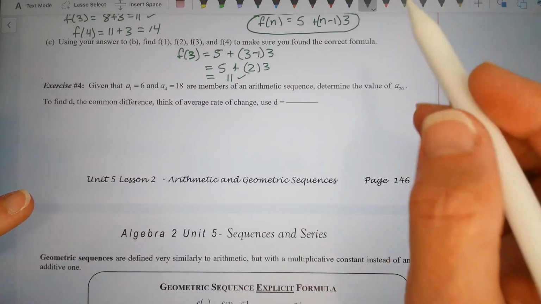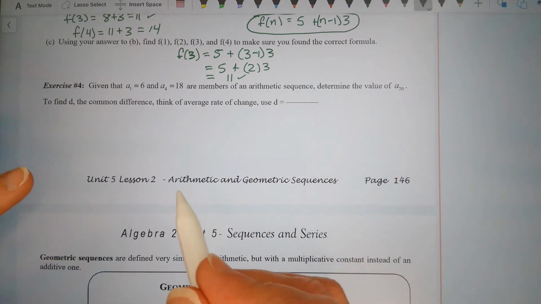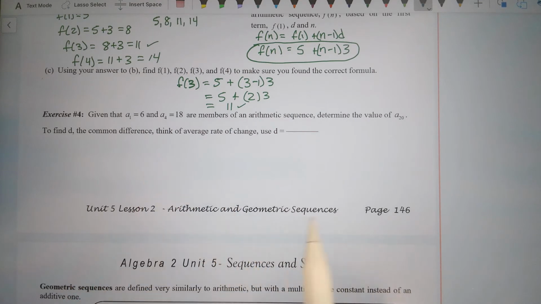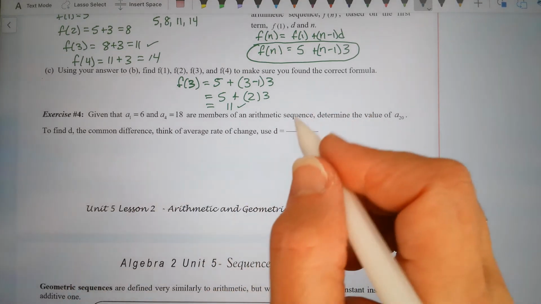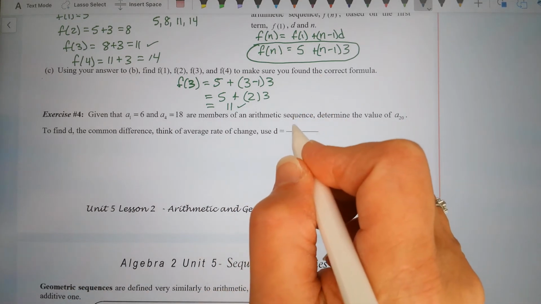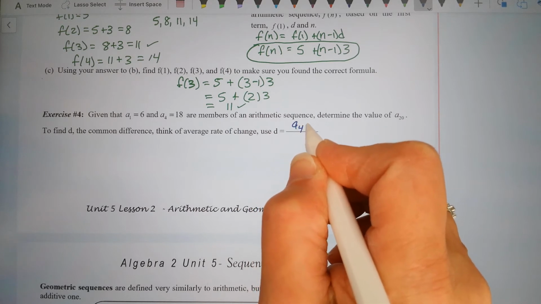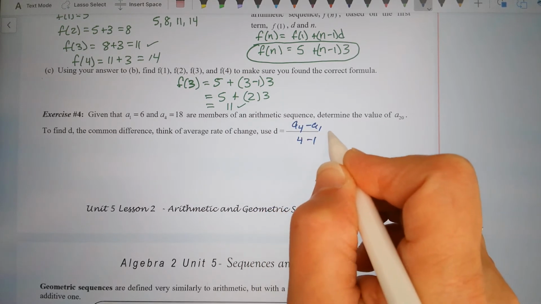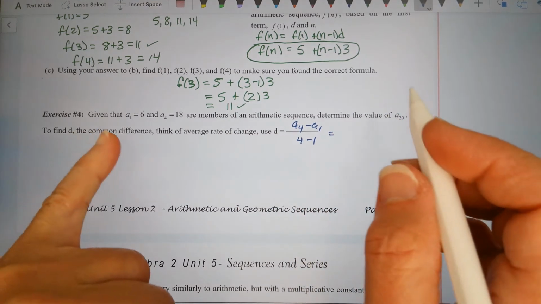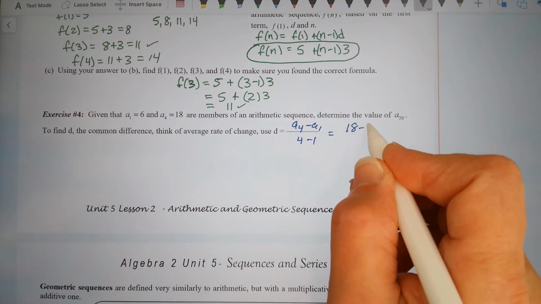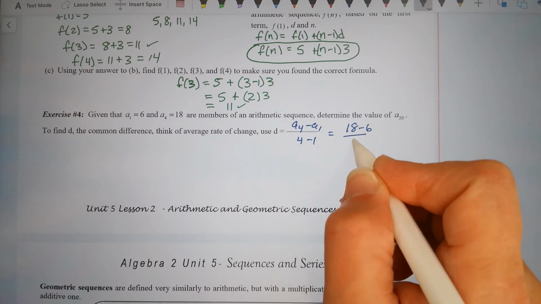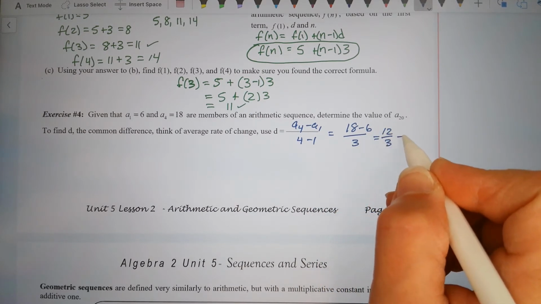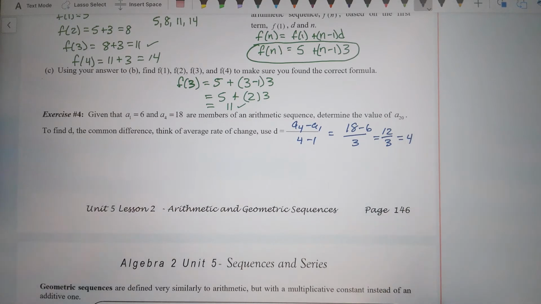All right, so we have the first term and the fourth term. So D is going to equal a sub 4 minus a sub 1 divided by 4 minus 1. So in this case, 18 minus 6 divided by 3. 18 subtract 6 is 12, divided by 3 is 4. So D is 4.